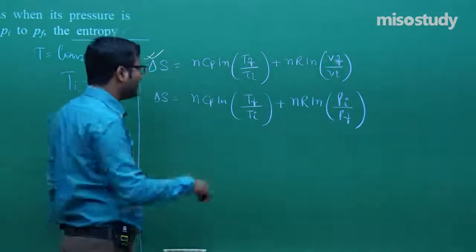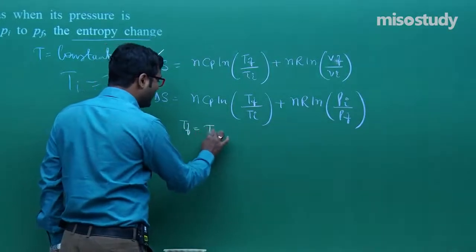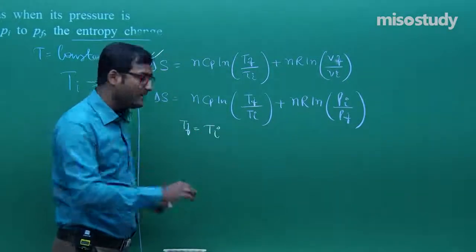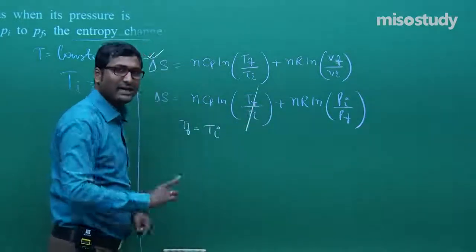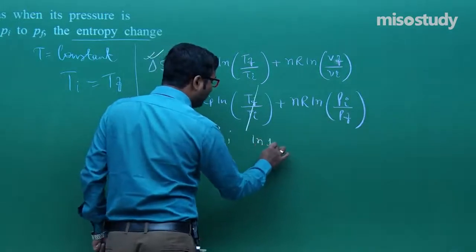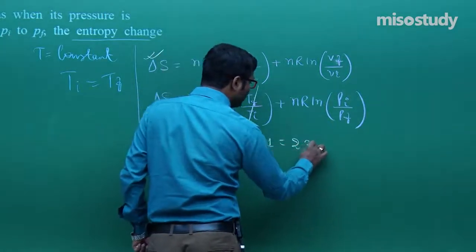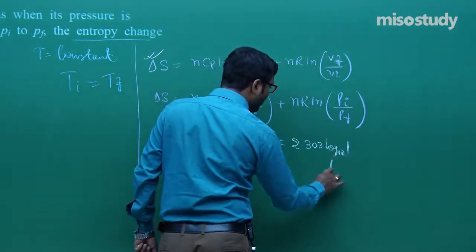Now the question arises, if the process is isothermal, that is T final is equal to T initial. Clear? If T final is equal to T initial, then these will cancel each other. Then that will be the value of 1, and we all know ln 1, or it can be written like this, 2.303 log 10 1, is equal to 0.